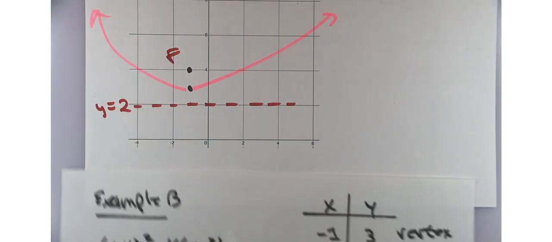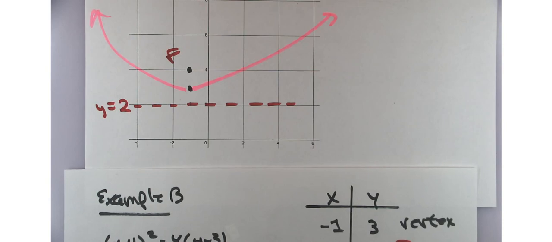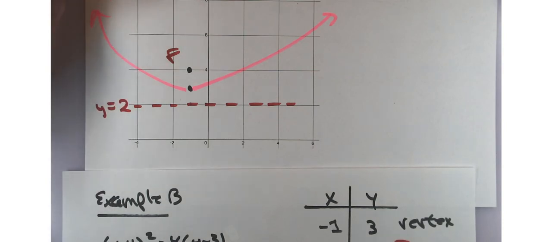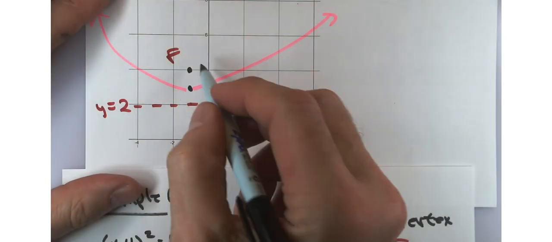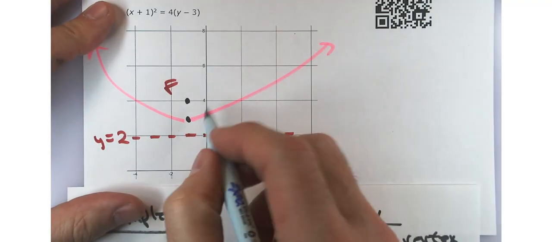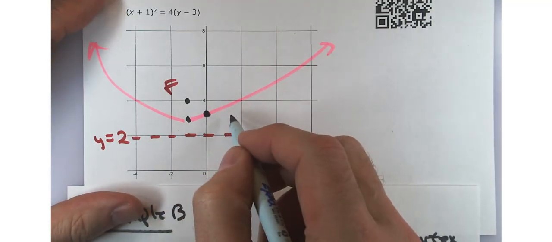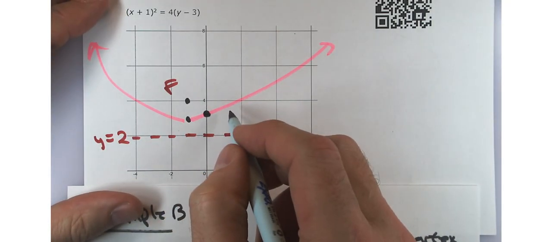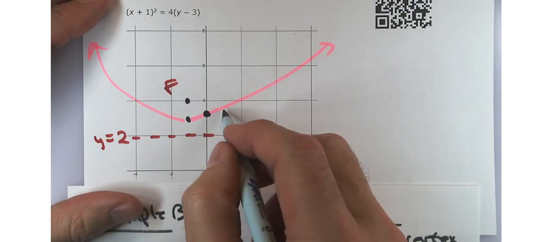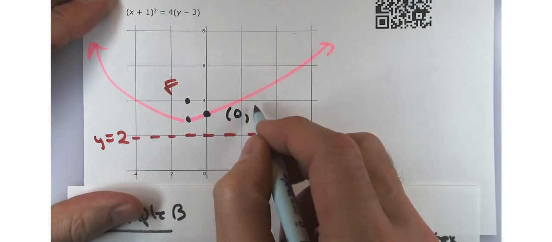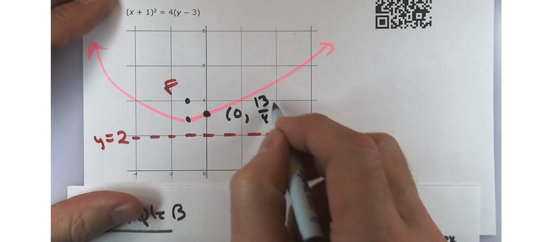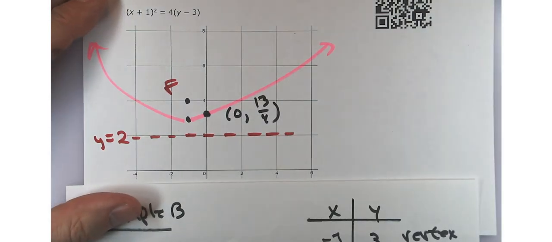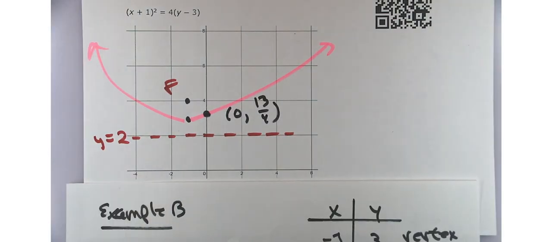My apologies. But I think we've got all we need here. We've got the focus, we've got the directrix, and the y-intercept, I'm pretty sure is going to be 3 1/4. 0 and 3 1/4. Let's write that as 13/4, like that. Yay, and that's it.